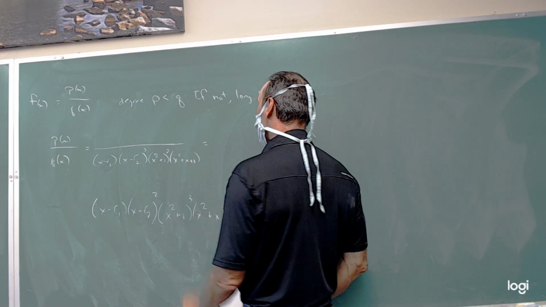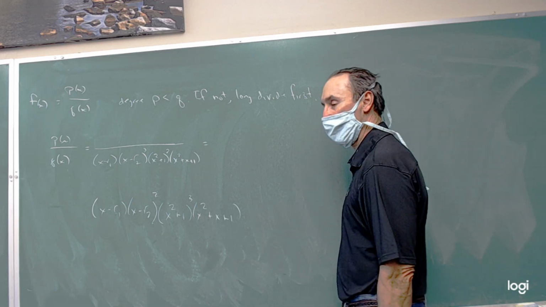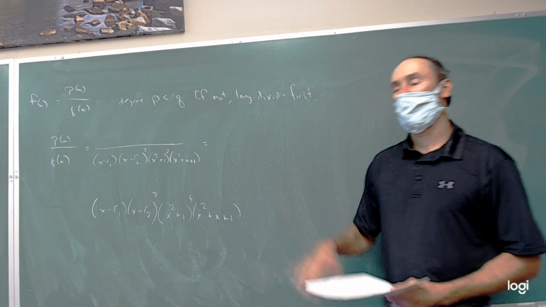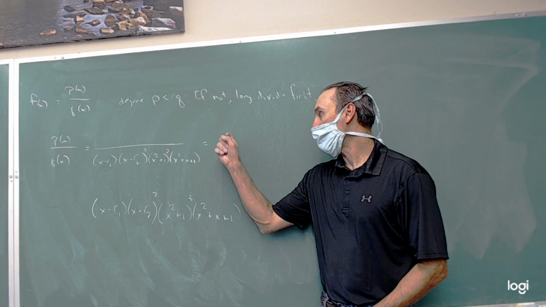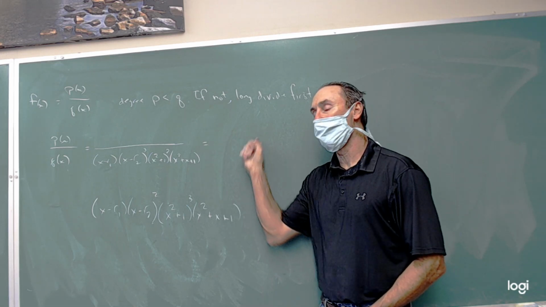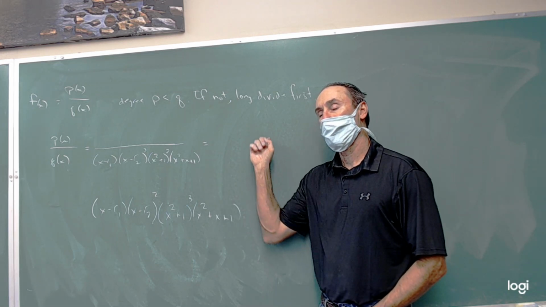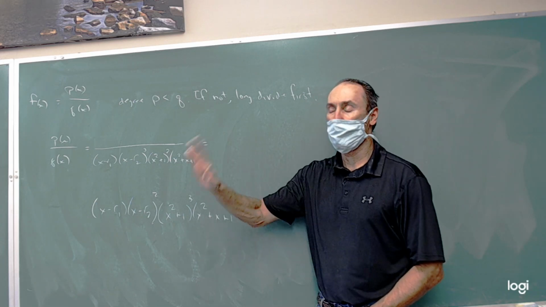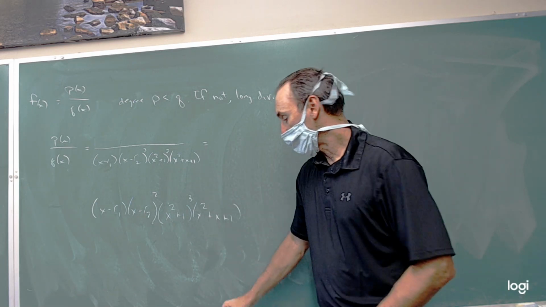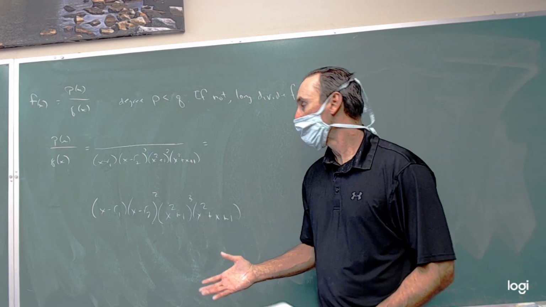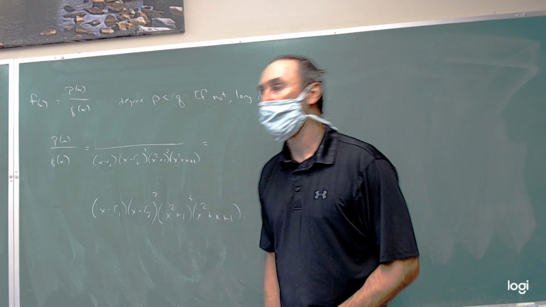So what we will do is we'll break this down. Well, we'll talk about this more next time, but we'll go constants over the linears, and then linears over the quadratics. We'll talk more. And then it'll be fun to figure out how to solve for all those constants.